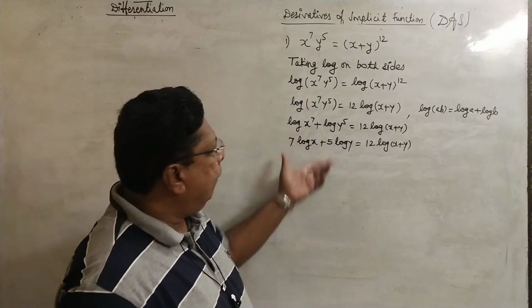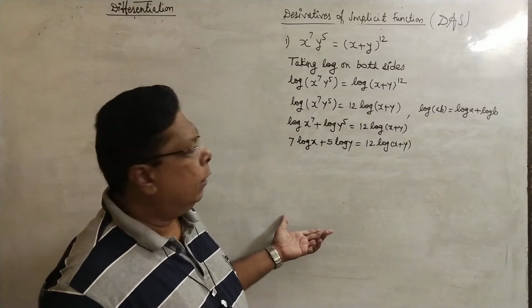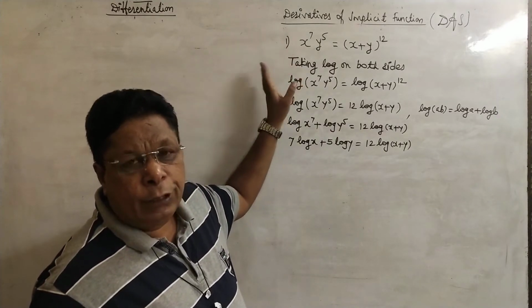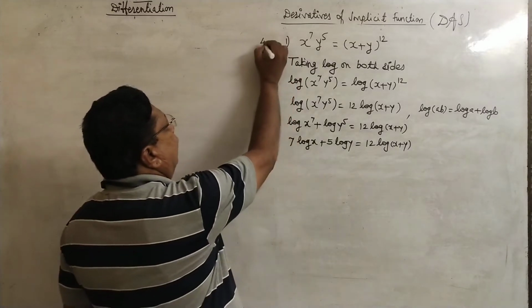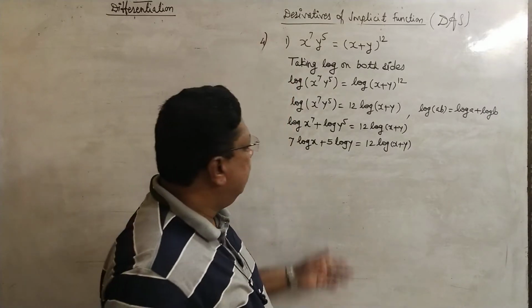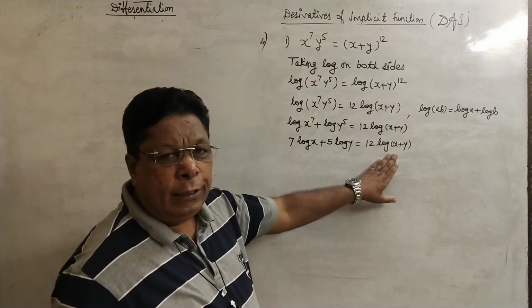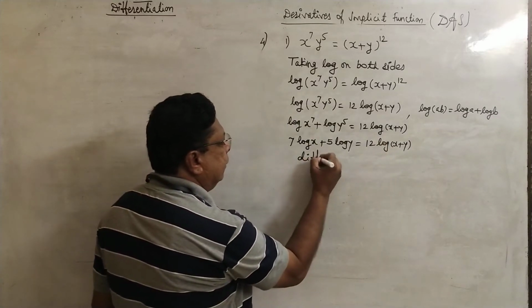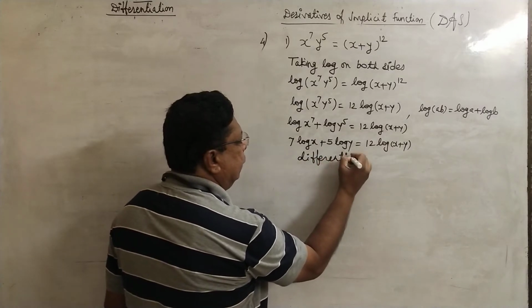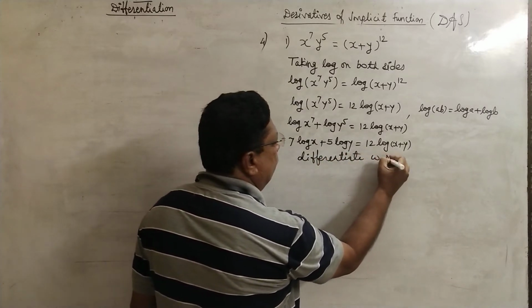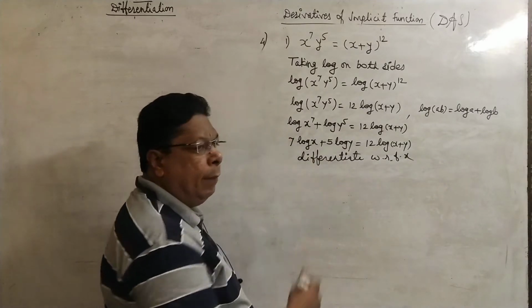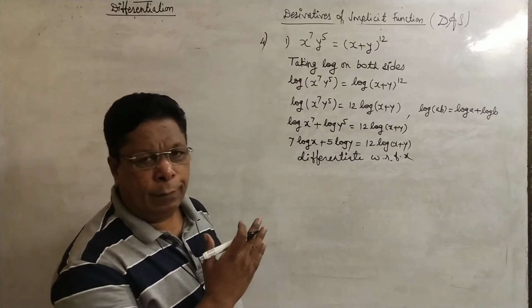Now differentiate this with respect to x. The sum is in exercise 1.3, sub question 4, the first one. Differentiate with respect to x. 7 is a multiple of the function log x, so keep 7 outside.